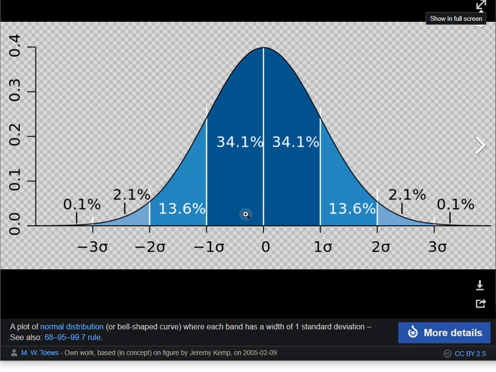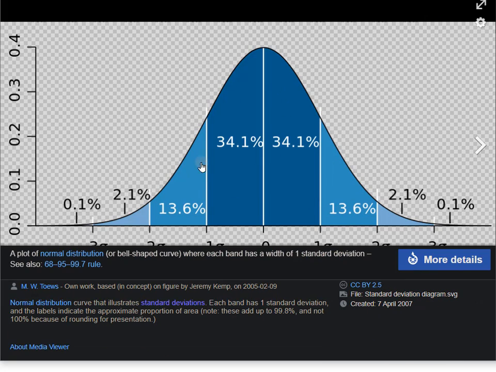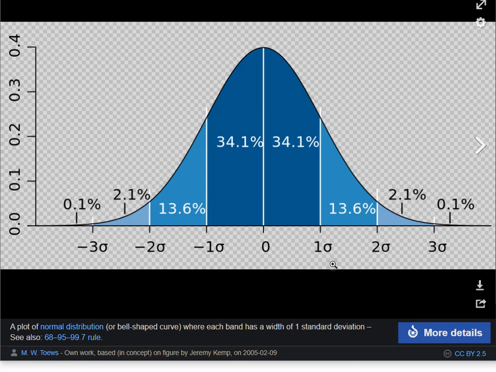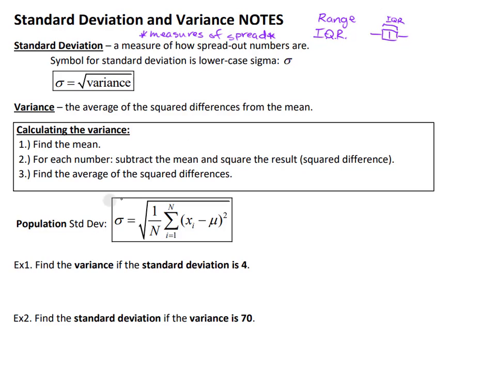If you go out to 2 standard deviations, all the way from one side to the other, 95% of our data is within 2 standard deviations. And if you go out to 3 standard deviations, that's 99.7% of your data. We also can use this to identify when we might have outliers, etc. We won't go too in depth with that this year.